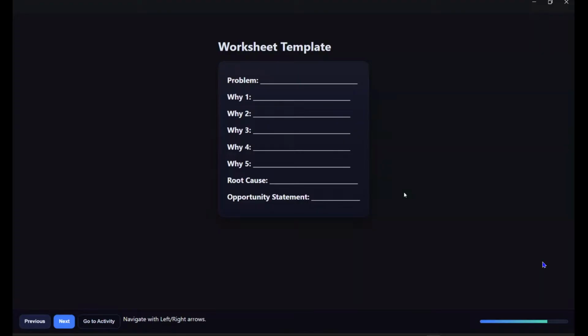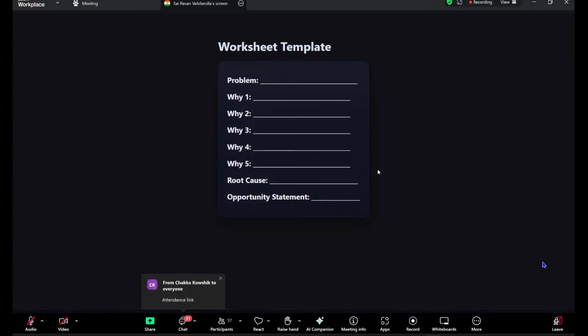We can solve the problems. So we don't take this worksheet template or the 5 whys just for this one, but we can also use it for real-time problem solving in our life, in our work, in our relationships, everywhere.